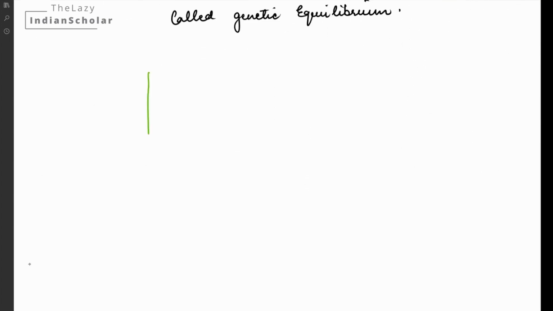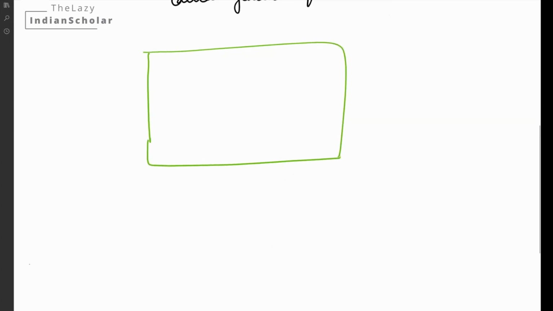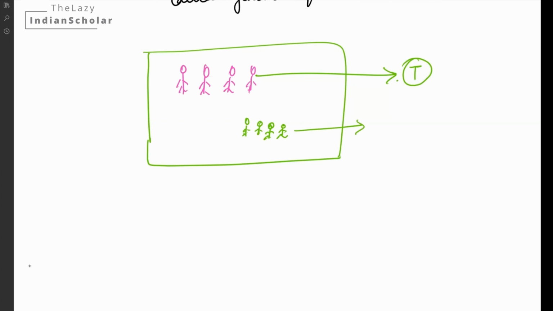Now let's take a population. For example, this is a given area, and here suppose two types of individuals are found: tall individuals and some dwarf individuals. So for tall individuals we can write capital T, and for the dwarf individual we write small t.